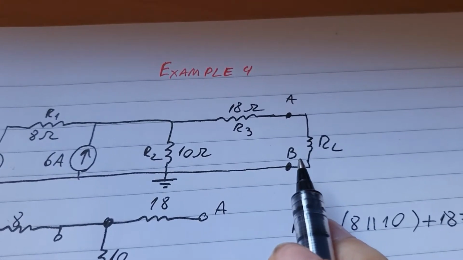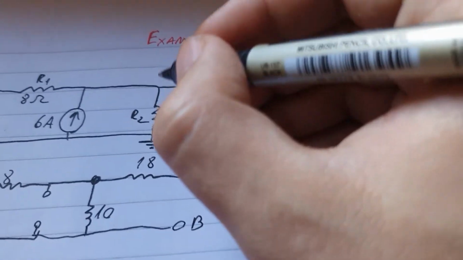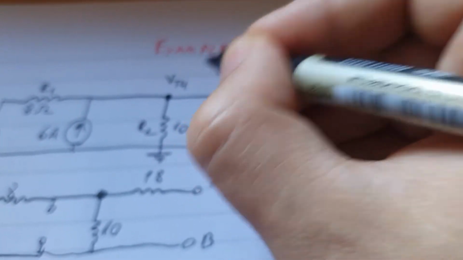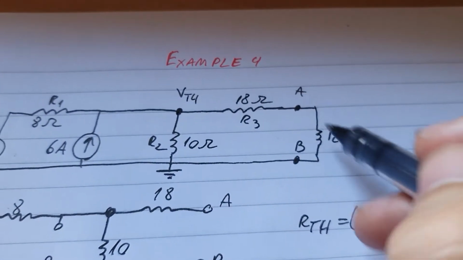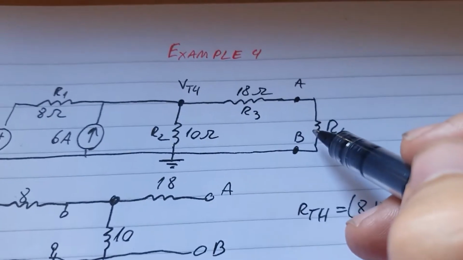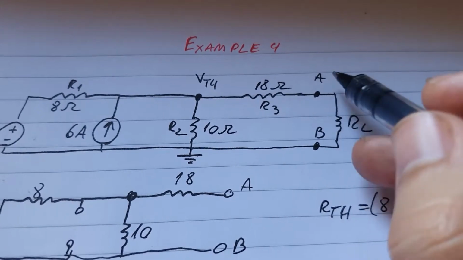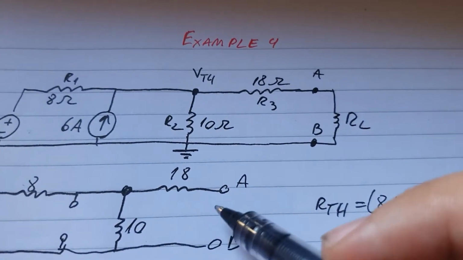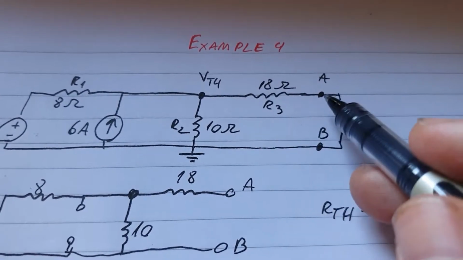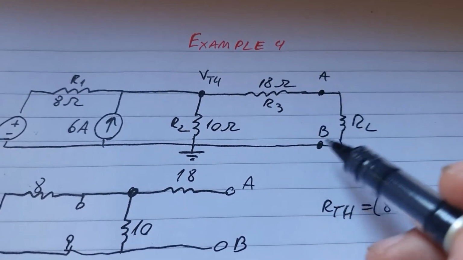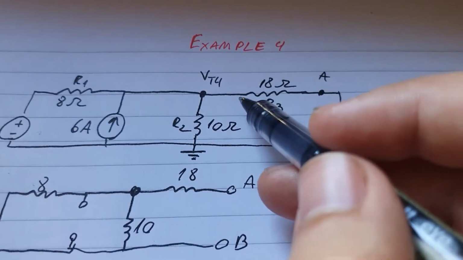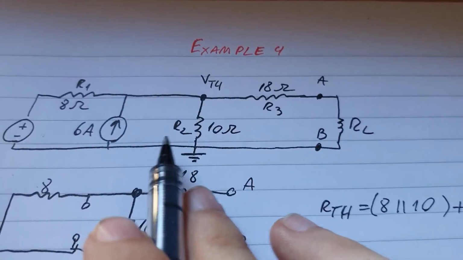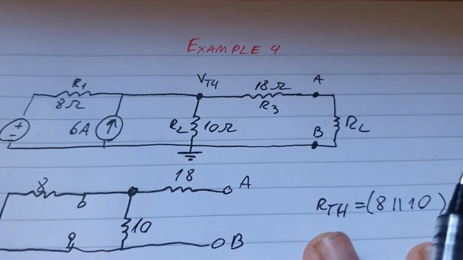So one way we can do it is by calculating the voltage VTH in this one here to get the voltage in here, because again this will be seen as an open circuit when you calculate VTH, so there won't be any current going through here. That means there is no current going through R3 either, which will make both of them equal.